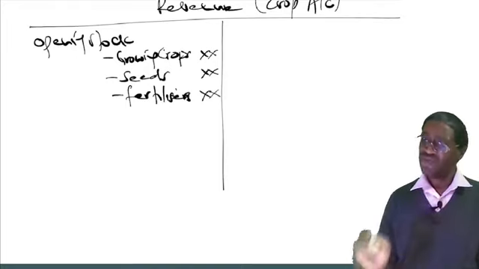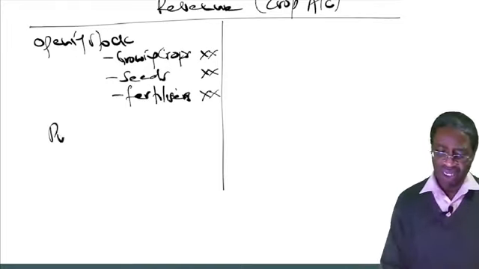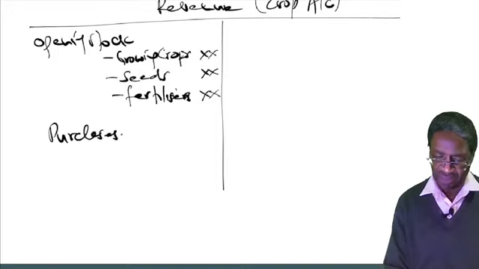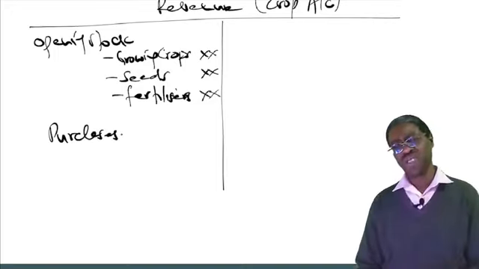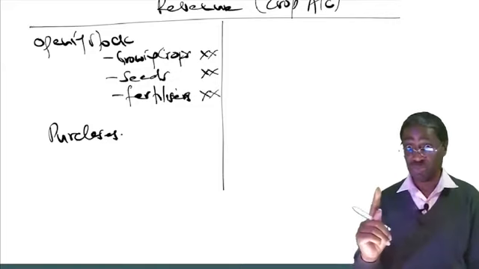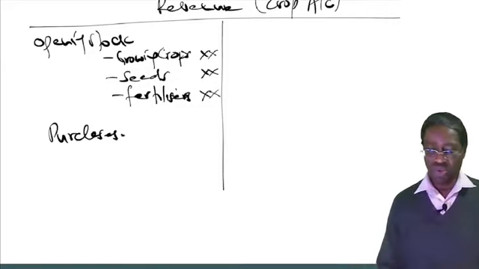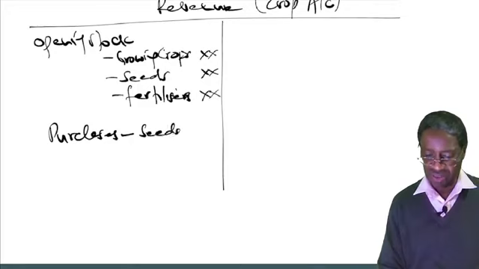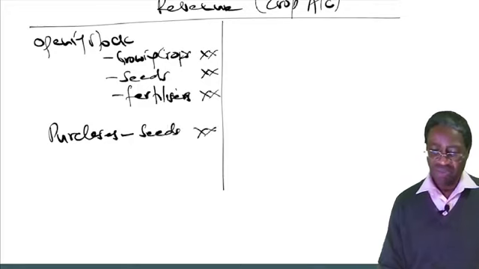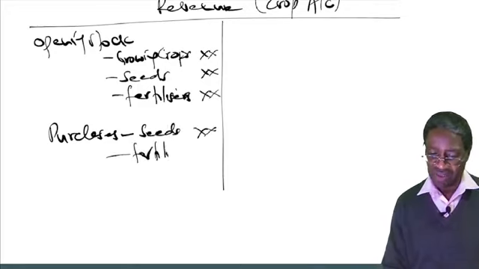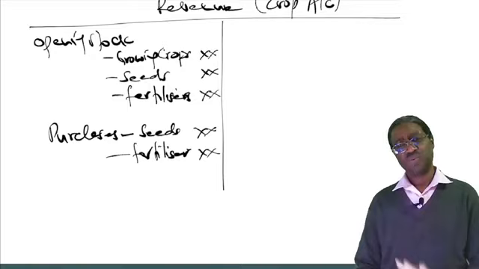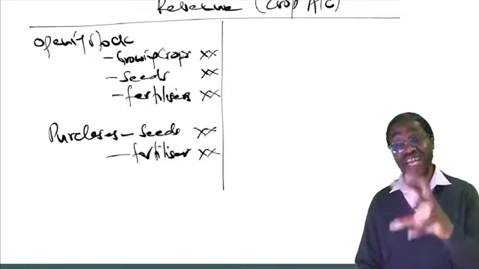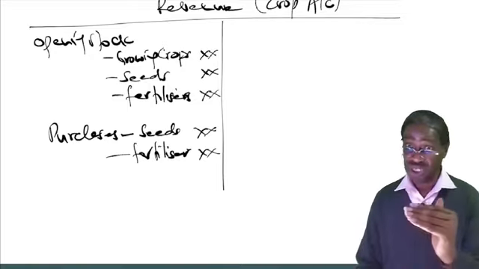Good. From there, you also debit purchases. Any purchases you made during the year relating to crop. Maybe you bought more seeds this year, or fertilizers. Whatever you bought that relates to crop, put it there.